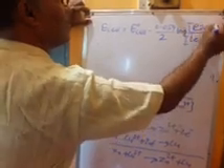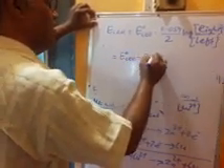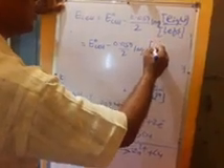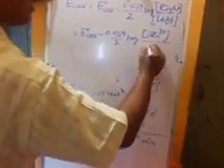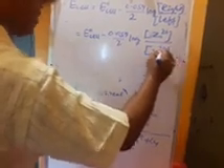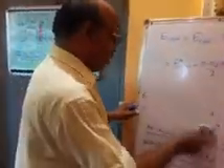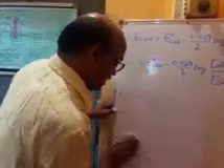So it is equal to E naught cell minus 0.059 by 2 log of the concentration of Zn2+ by the concentration of Cu2+, because copper and zinc are solid substances, their concentration is taken to be 1 M. Students, this is how we can calculate the cell potential of the Daniell cell.